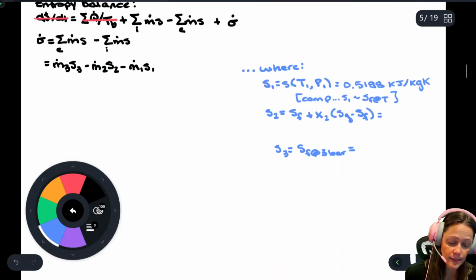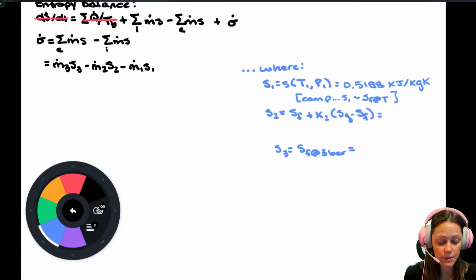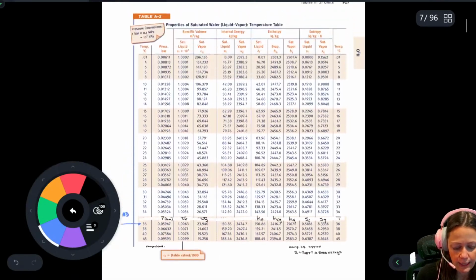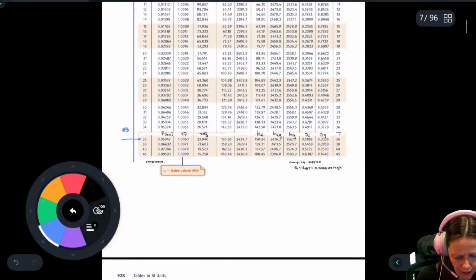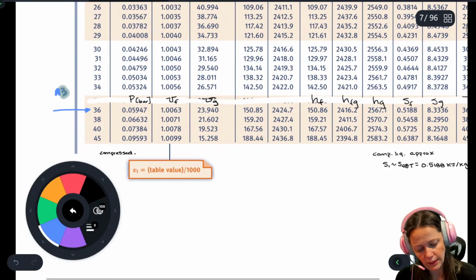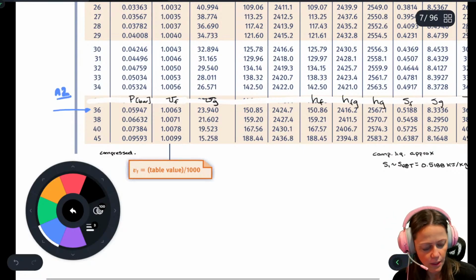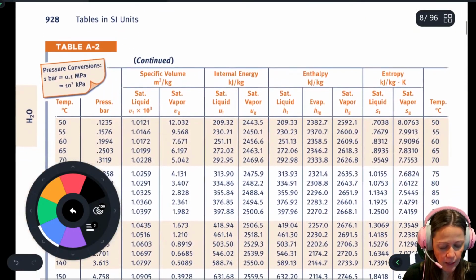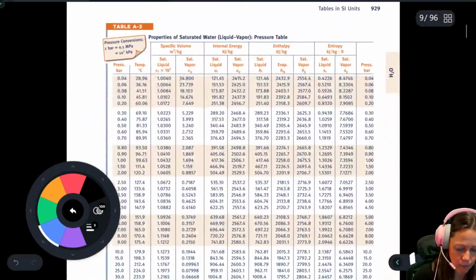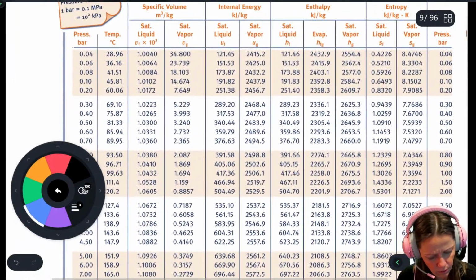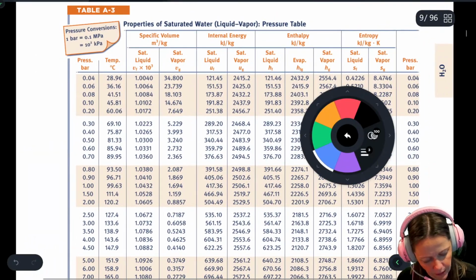All right, next is pretty straightforward. It's S sub F plus our quality times S sub G minus S sub F. This is stuff that we would find in table A3, actually. I'm sorry, did I put A3 over here? This is actually A2, and I apologize for the confusion. A3 is the one that's organized by pressure. So let's go to table A3, looking right along this line.